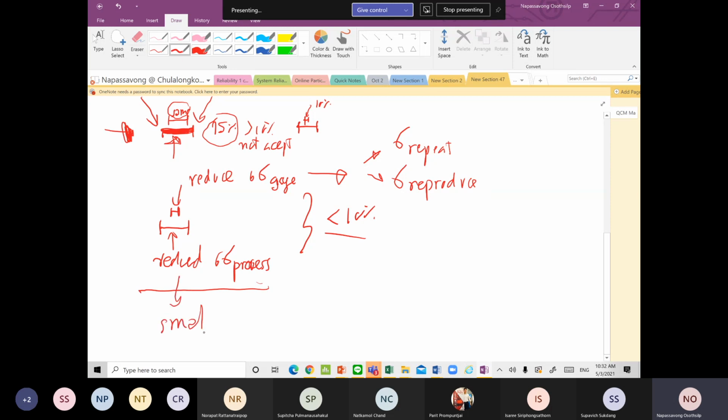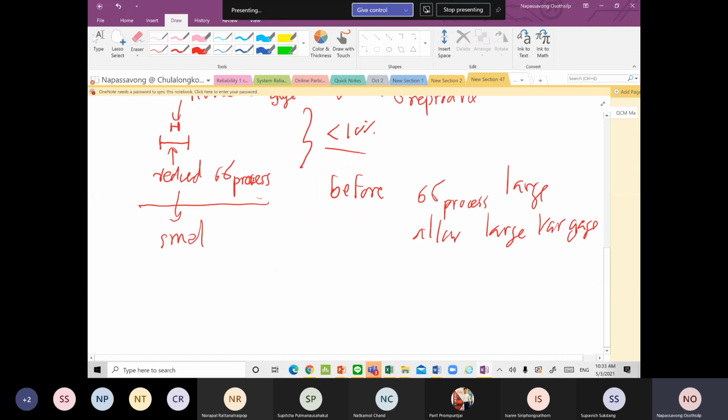Before, what we were going to measure was large, the sigma of the parts that we want to measure is large, so we can allow for large variation of the gauge.